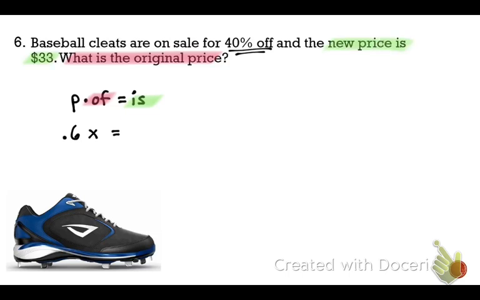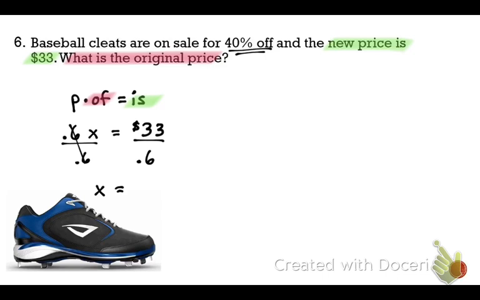What is the new price? $33. So now we've got to think way back to the beginning of time. If I am trying to solve for X, how do I get X by itself? Divide by what? Not 6. 0.6 on both sides. And that will tell us what the X is going to be, or what the original price is going to be.